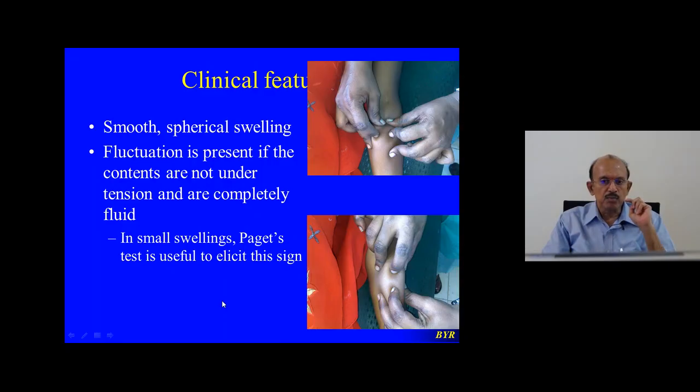In small swellings, Page's test is useful to elicit this sign. Do you know Page's test? Page's test is for small cystic swellings.